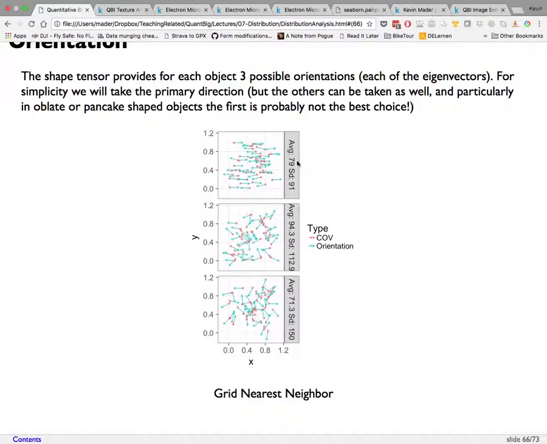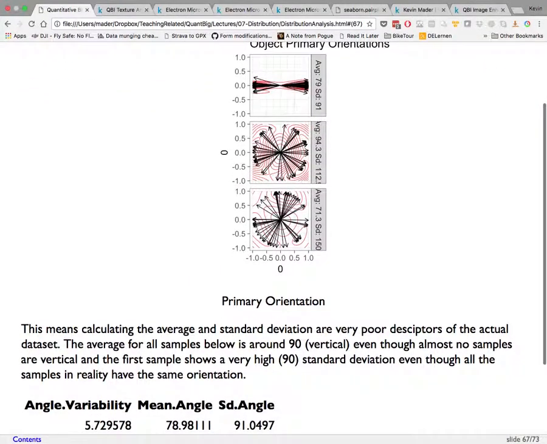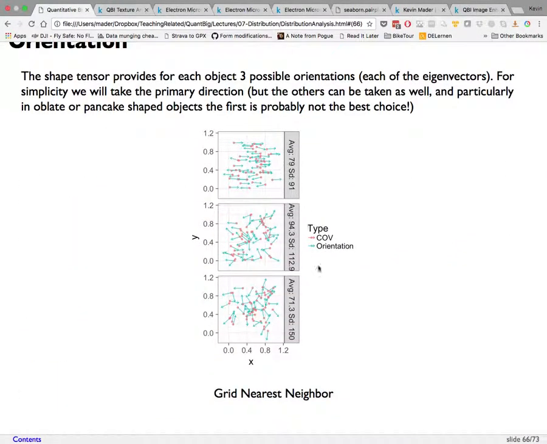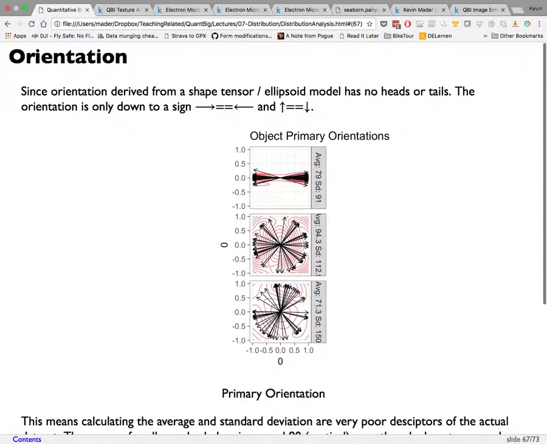But if you looked at the average and the standard deviation, there's some trend there, but it's not completely obvious. Here the standard deviation is 91, and for us it looks like it's completely aligned. And so taking the standard deviation of this angle isn't necessarily a very useful approach.